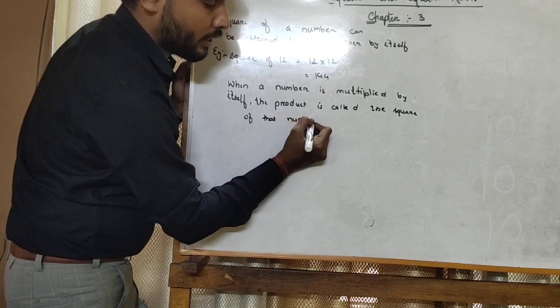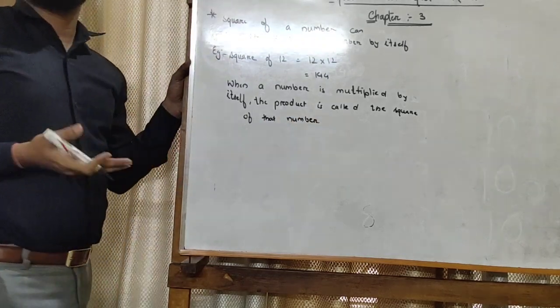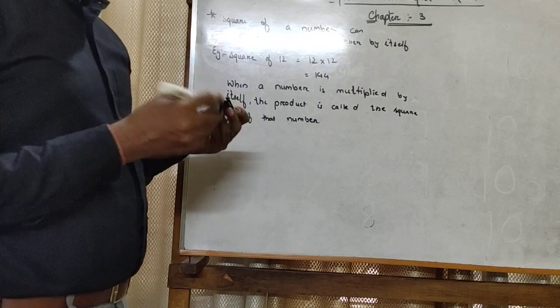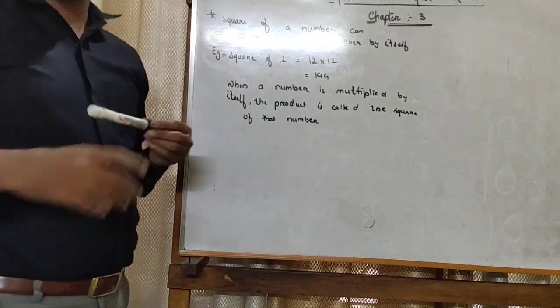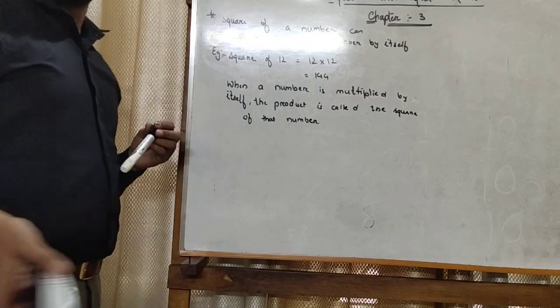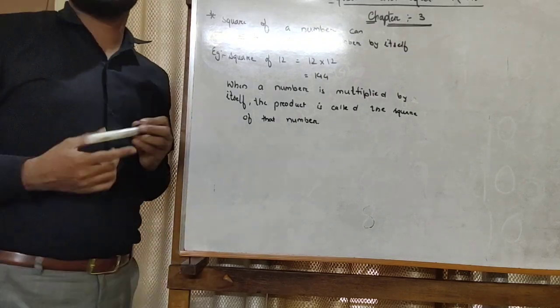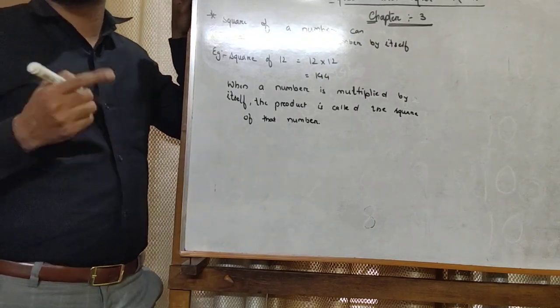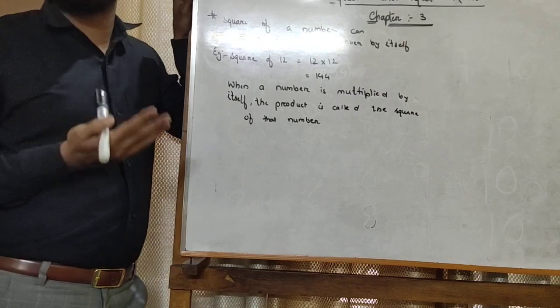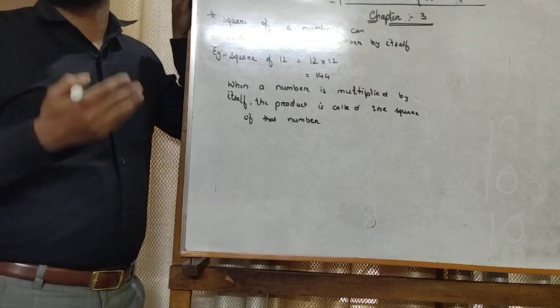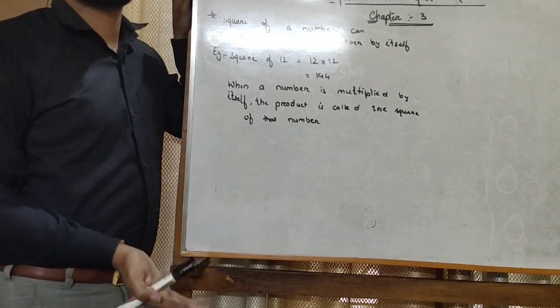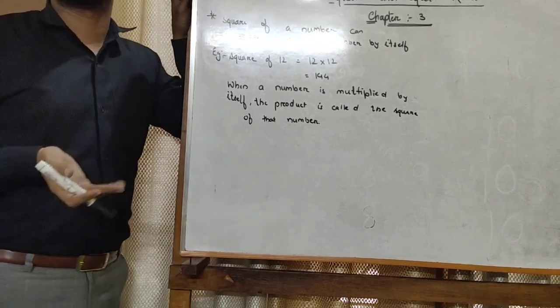So for finding the square of the number, you have to multiply the number by itself. Okay, I think what the square of a number is, is clear to you. Orally I can say square of 1 is 1, square of 2 is 2 into 2, 4, square of 3 is 3 into 3, 9, square of 4 is 16, square of 5 is 25, and so on. You can find infinitely many square numbers.